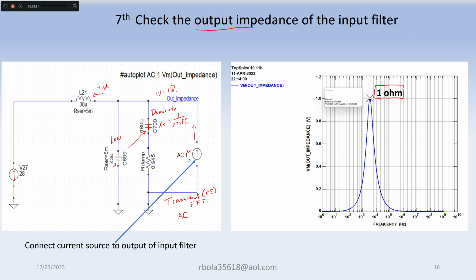And if you notice, the R damp then dominates because it's bigger than the impedance of the capacitor. So since this is 0.9945, basically it matches what your output impedance is. So again, these two are your main filters, your inductor and your capacitor, and then this is your damping circuit.